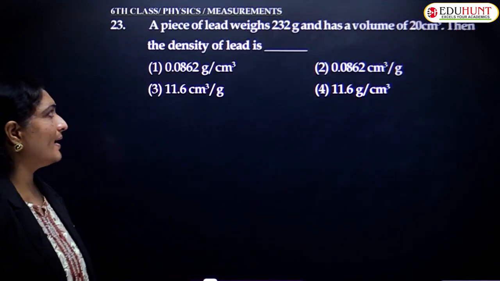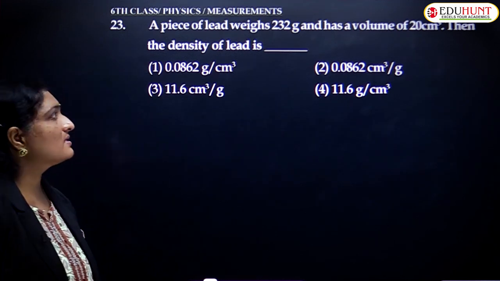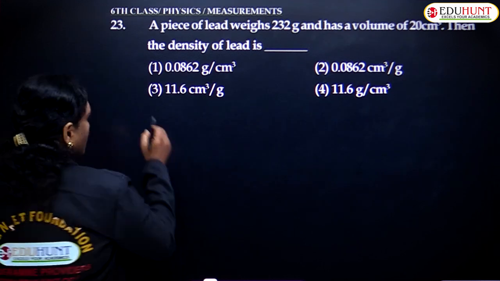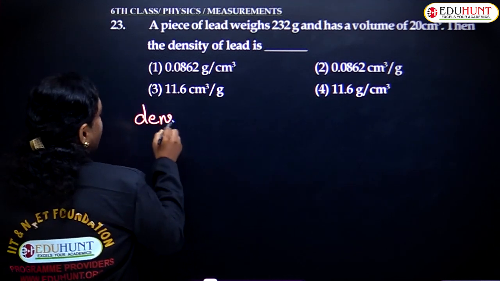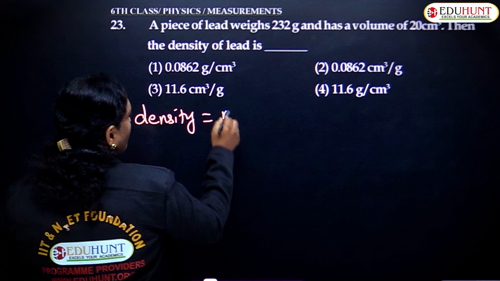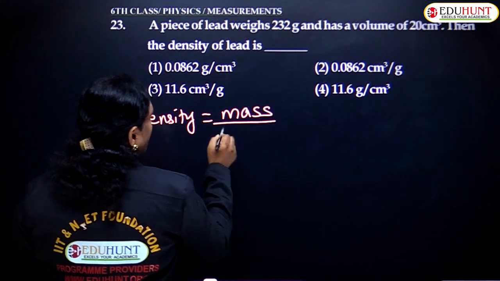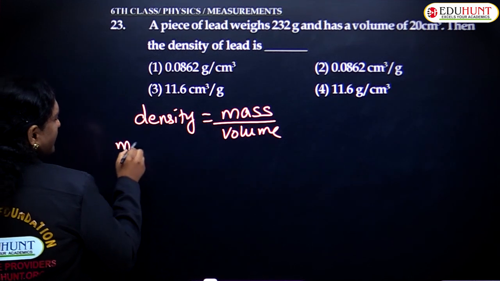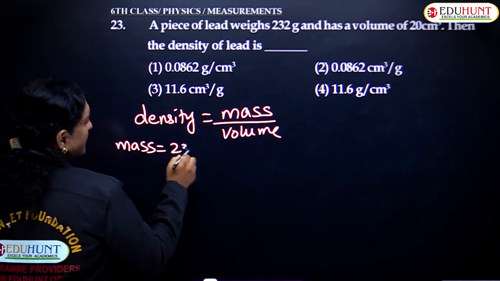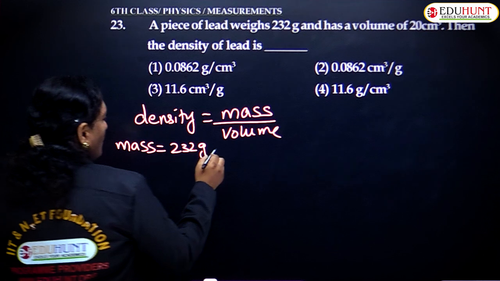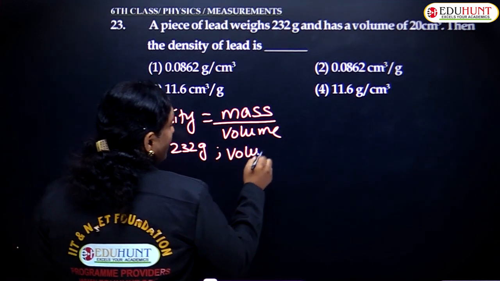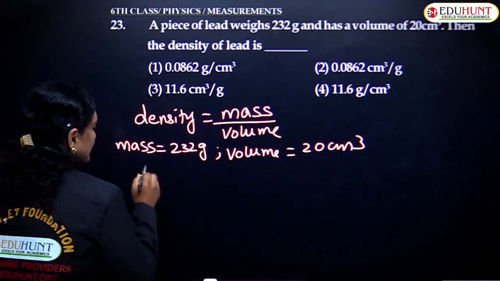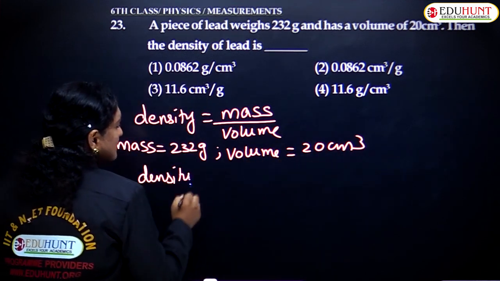So now 23rd question. A piece of lead weighs 232 grams and has a volume of 20 centimeter cube. Then the density of the lead is. Again the same model, we have density equals to, what is the formula? Mass by volume. Here the mass is given as how much, children? Mass is given to be 232 grams whereas volume is given to be 20 centimeter cube. Hence the value of density will be mass upon volume.